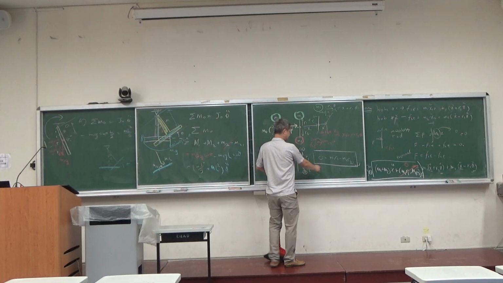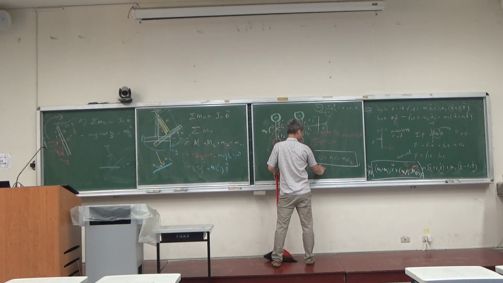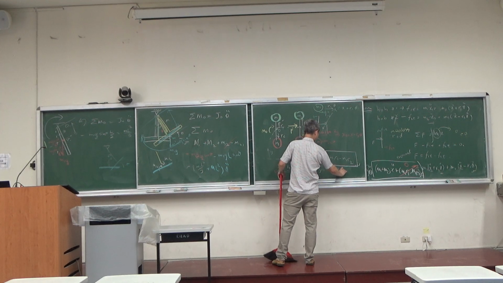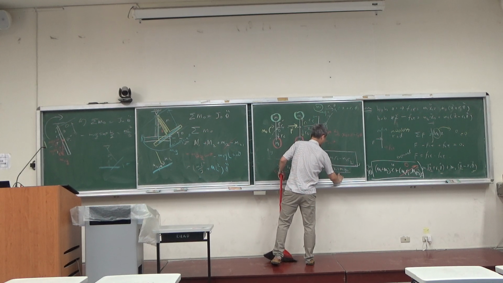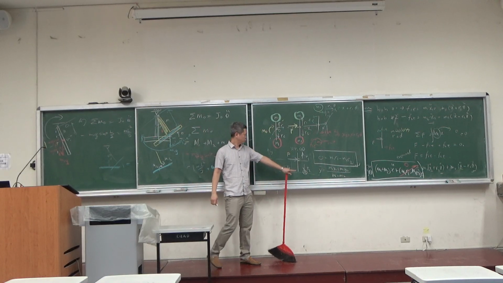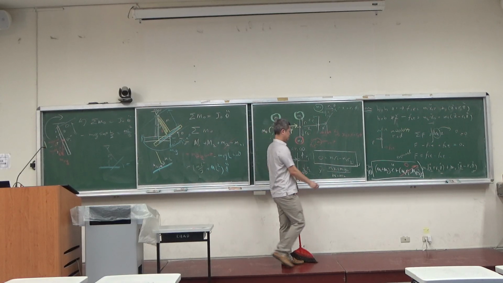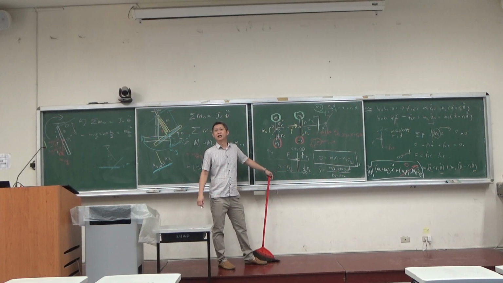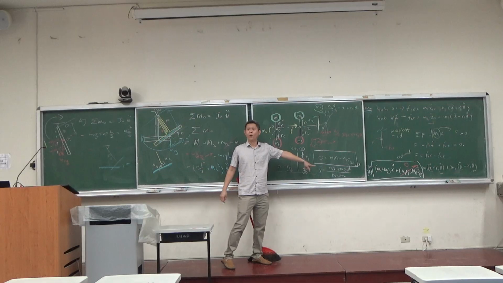What is your gravity center? Your gravity center is m1 y1 plus m2 y2 divided by m1 plus m2. If you go to do the substitution here, your numerator is 0.